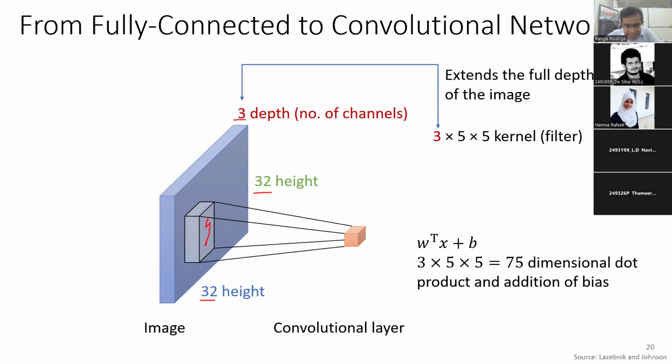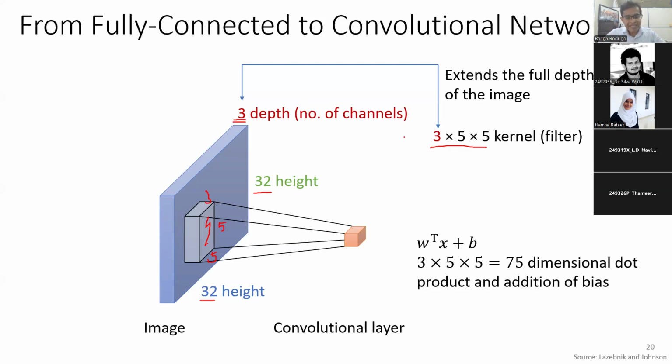What you see here is the kernel. Its size is 3 times 5 times 5, so the spatial extent is 5 by 5. Height is 5 here, and this width is also 5. The depth is 3. Why? The image has 3 channels, it's a color image.